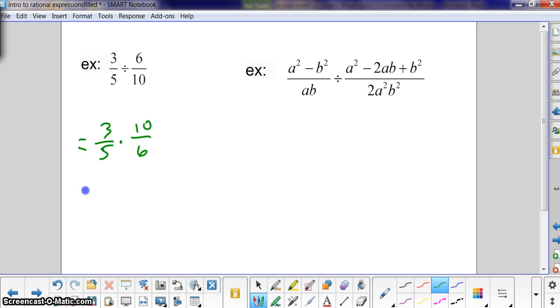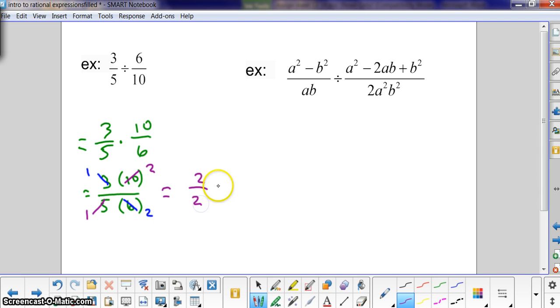Now this is going to equal 3 times 10 over 5 times 6, and we can do a little reducing. 3 and 6 reduce to 1 over 2. 10 and 5, let's see, 5 goes into 10 twice, 5 goes into 5 once, and I end up with 1 times 2 over 1 times 2, which is equal to 1.